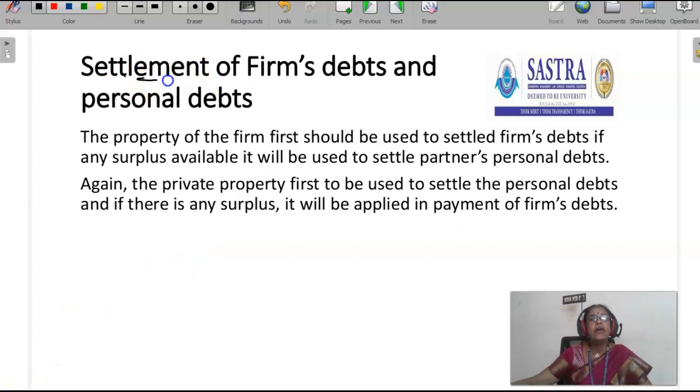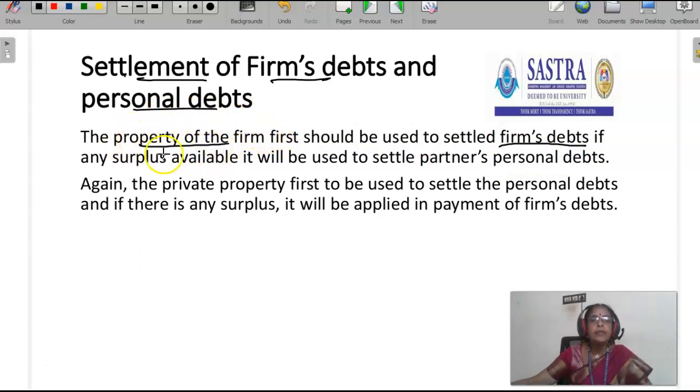Then settlement of firm's debts and personal debts. The property of the firm should first be used to settle the firm's debts. If any surplus is available, it will be used to settle partners' personal debts. Okay. First preference is given to settling the firm's debt if they sell the property of the firm.